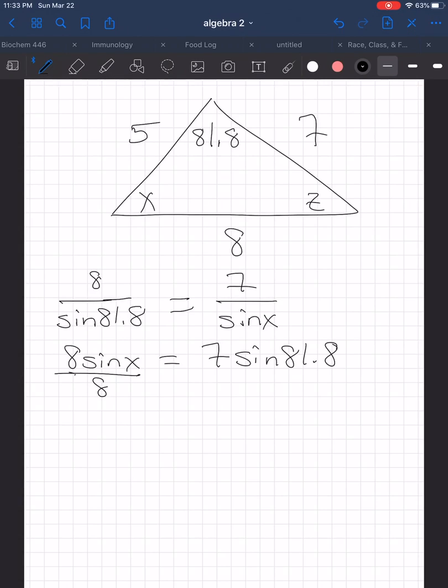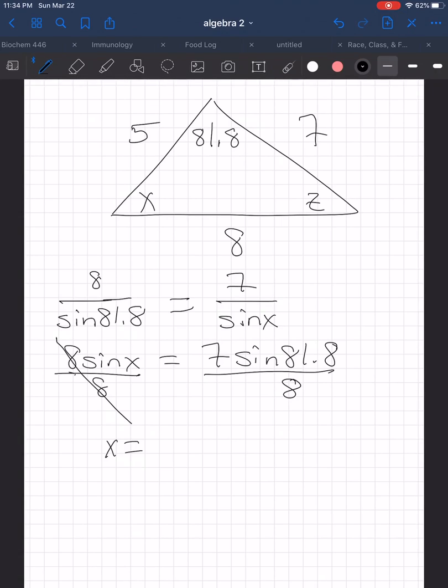And then to get the sine of x by itself, we divide both sides by 8. And then to find out what the angle is, remember, anytime you're looking for an angle, you're going to use the inverse sine. So x will be equal to, I'm going to take the inverse sine.